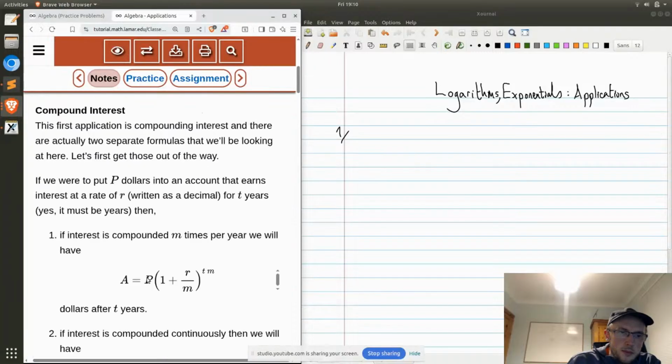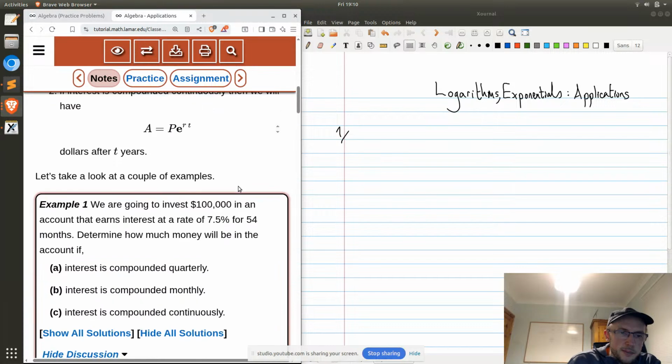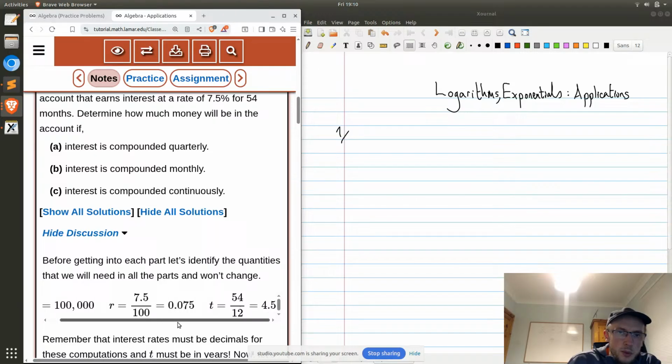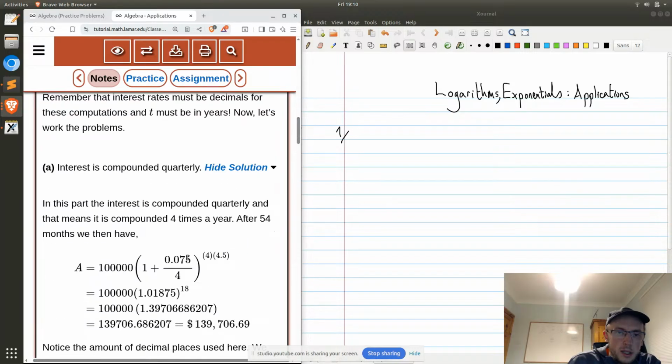$100,000 principal. That's P, right? That's what P stands for. Quarterly. So what do they do? Right, they get the rate, which is 0.075. And it makes sense that you would add on 1 to that.